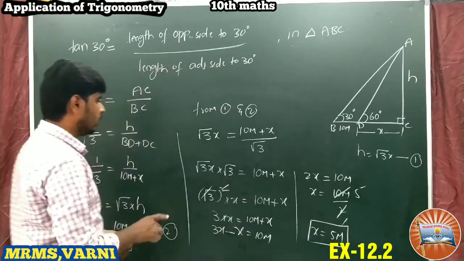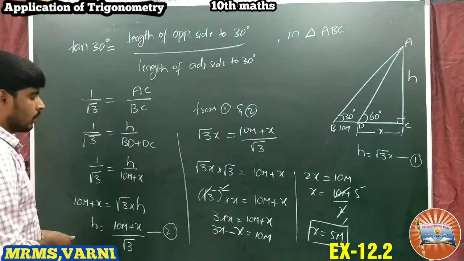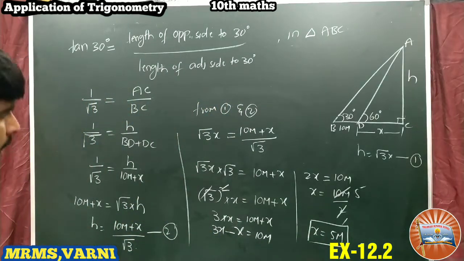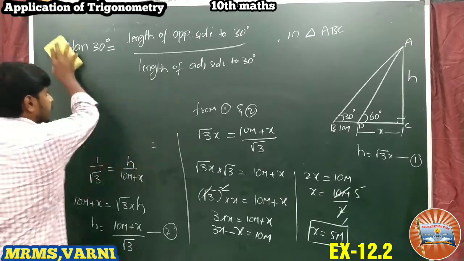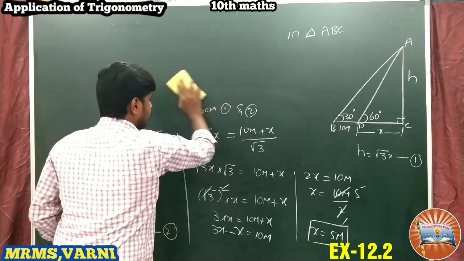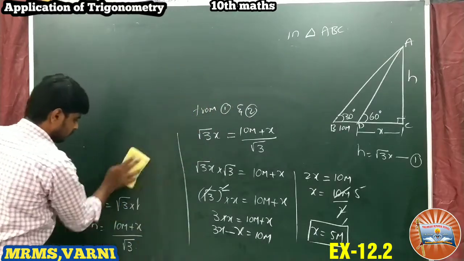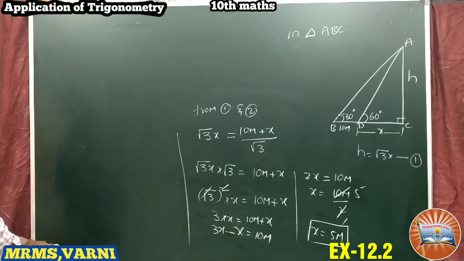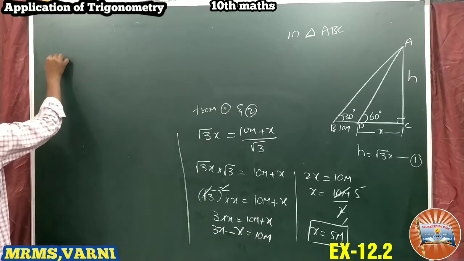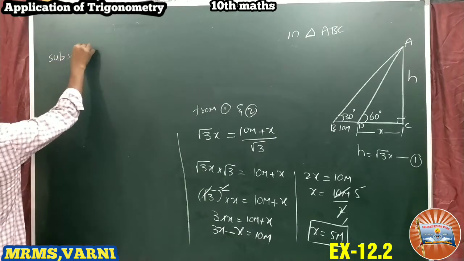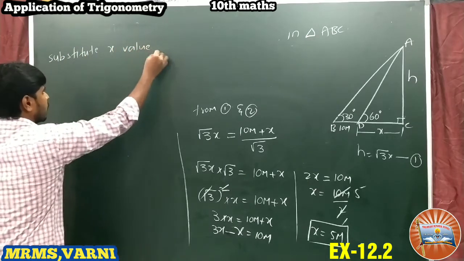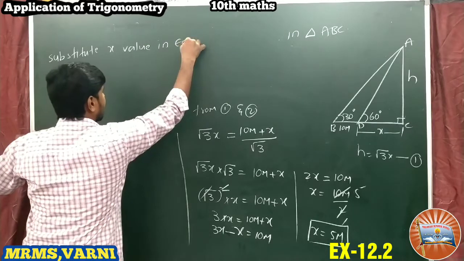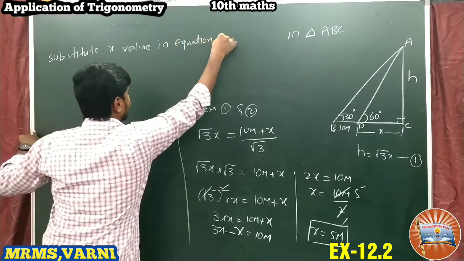Okay, right, let us write in the end of the problem. So let us go for height. So now we got x is equals to 5 meters. Substitute that value, x value in equation 1.